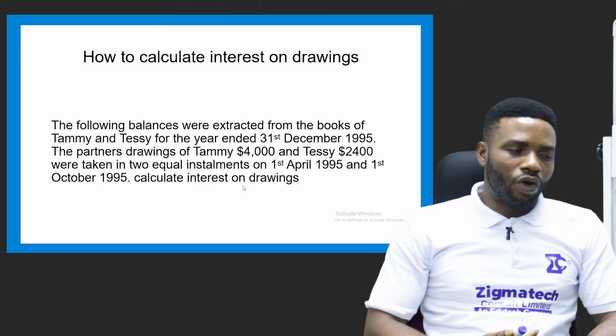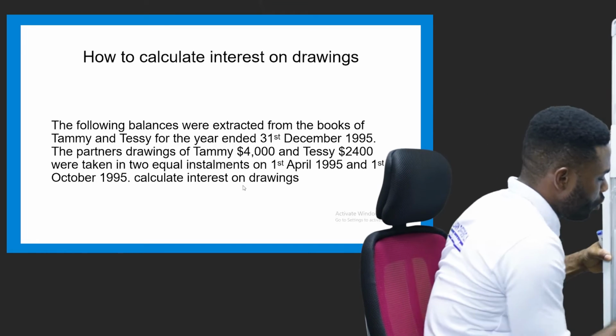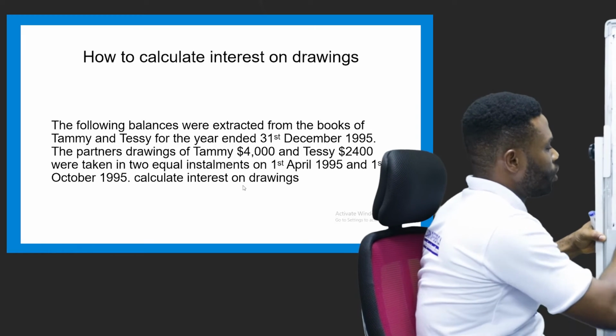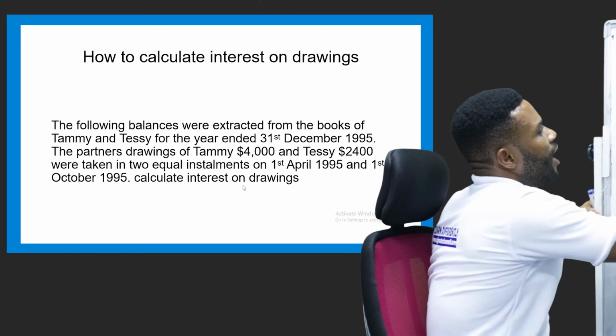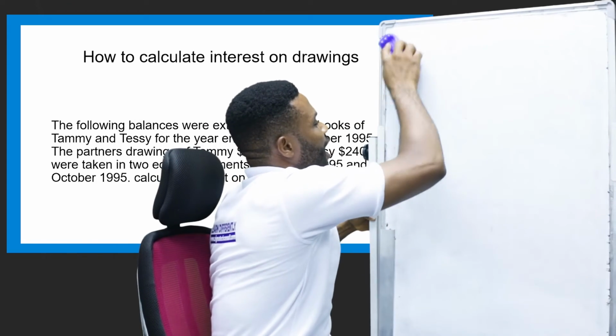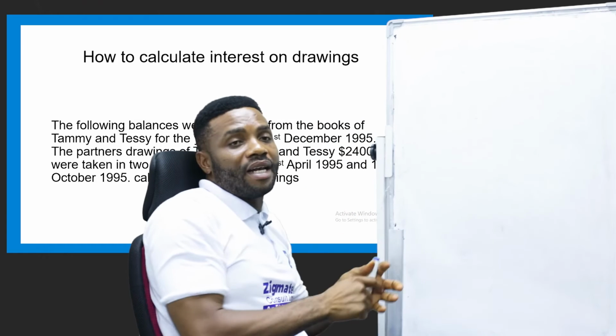Calculate interest on drawing. Now let's quickly look at how to calculate interest on drawing from this transaction we have here. Remember, this transaction is between Tammy and Tessie, so they are automatically partners.